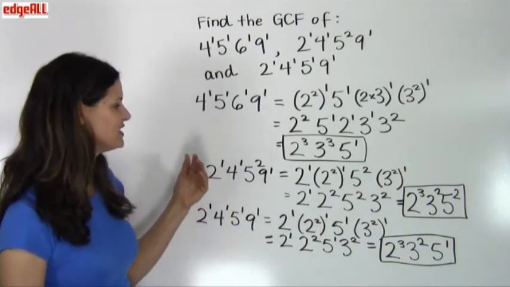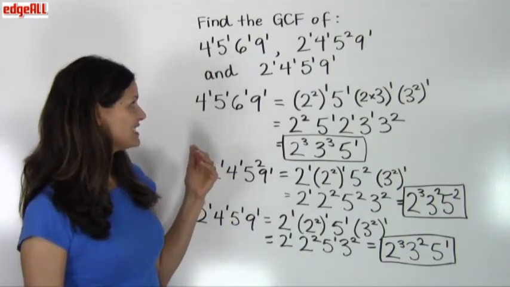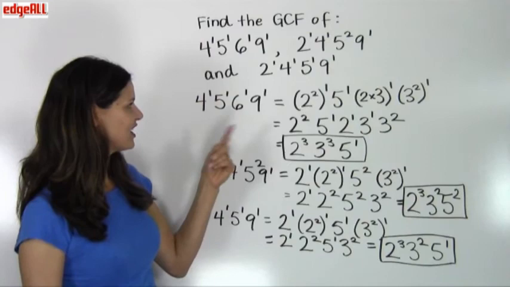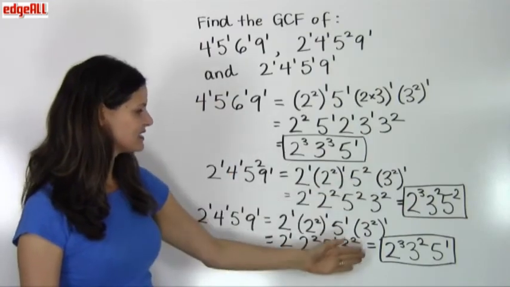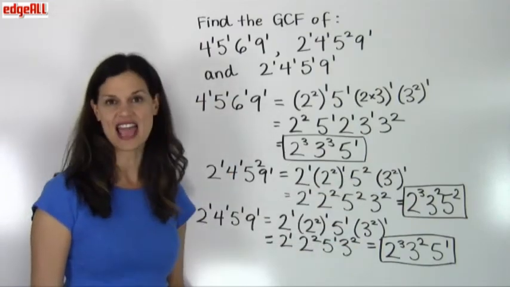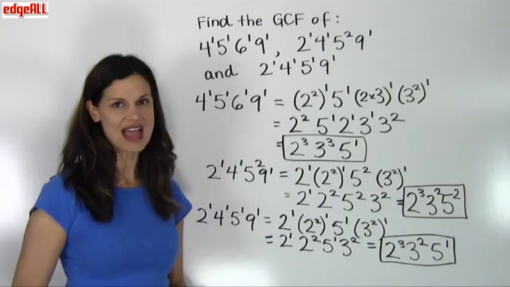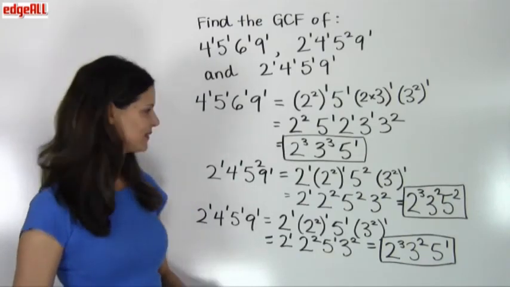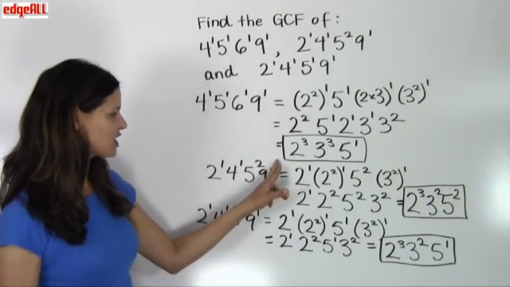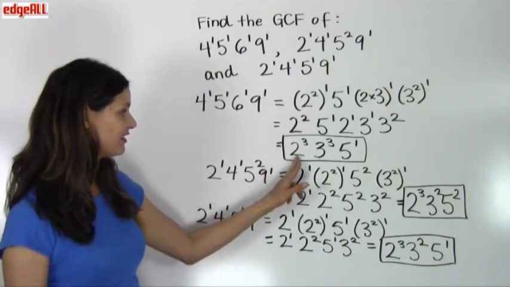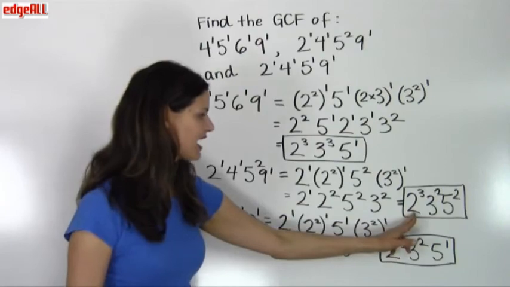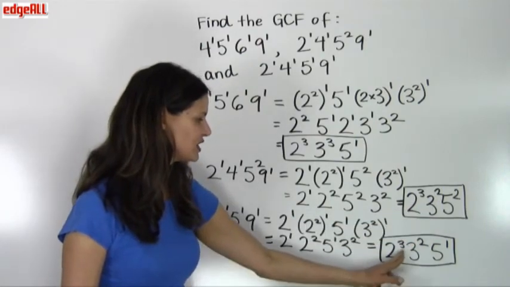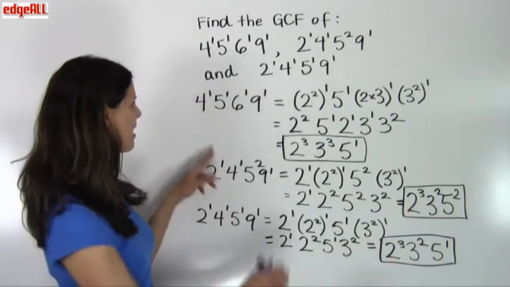And what I want to do then for finding the greatest common factor of these 3 numbers is that I need to find the prime factors that all 3 of them share. I start by looking at my 2's. Well, all 3 of them actually share 2 to the 3rd power. So that one is simple.